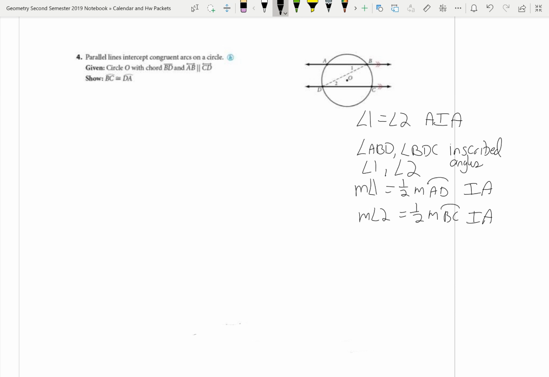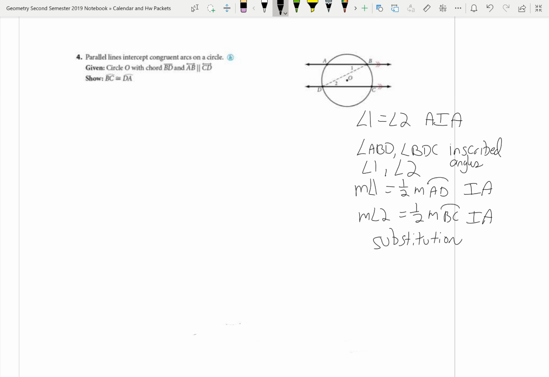Well, we've got 2 equations, so we're definitely going to be using some substitution.